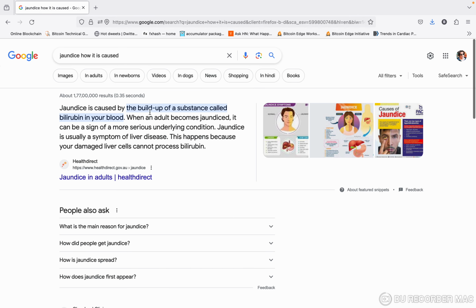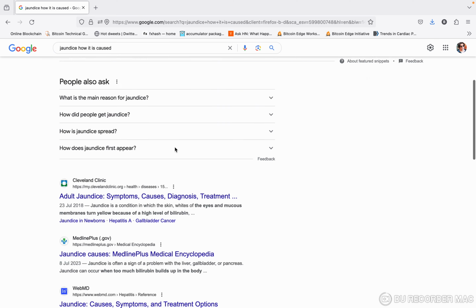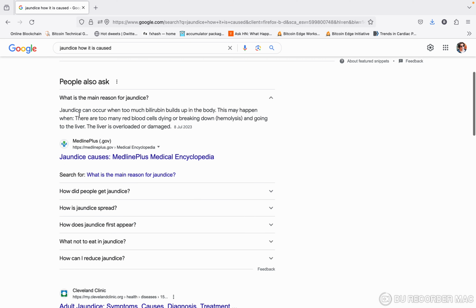Jaundice is caused by the substance called bilirubin in your blood. Okay, jaundice happens because of bilirubin. So bilirubin is secreted from the gut. Okay, red blood cells die and break down and go to the liver, and in the liver it is overloaded and damaged.